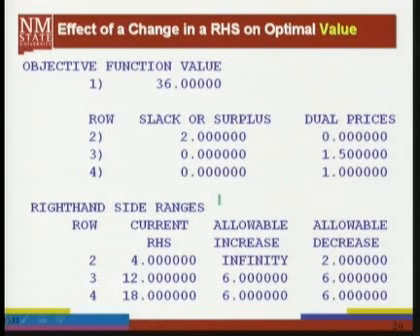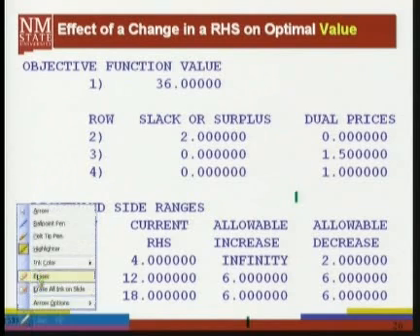Okay, then now, what if the B3 value, the right-hand side value for the last constraint, is decreased by 1 unit, which is within the allowable range, right?